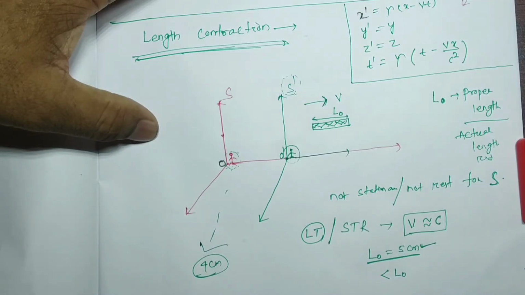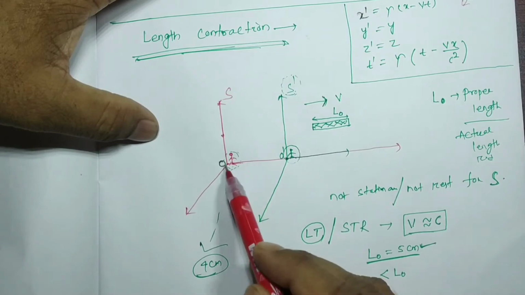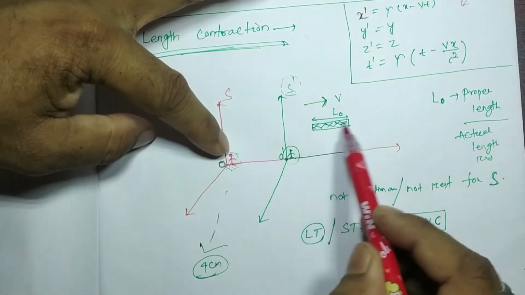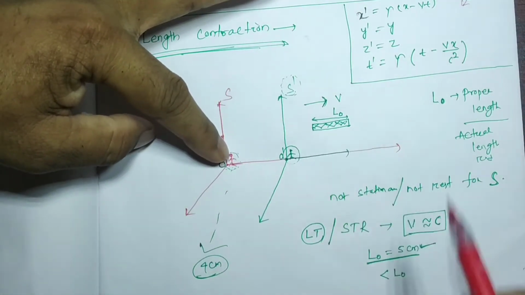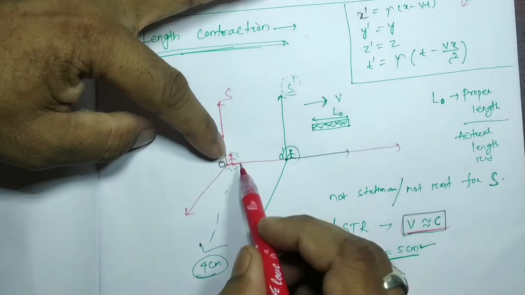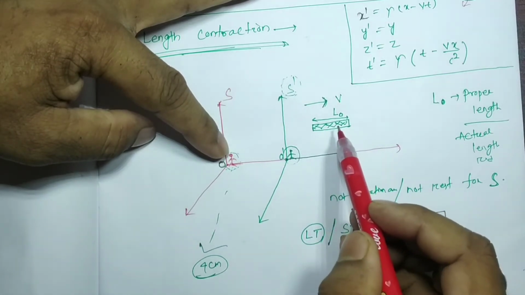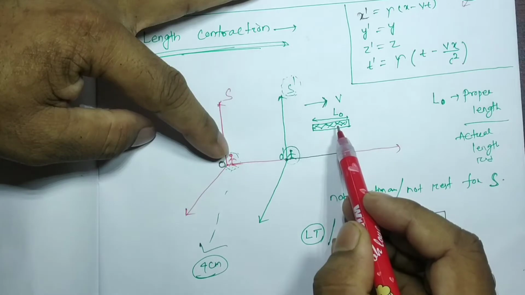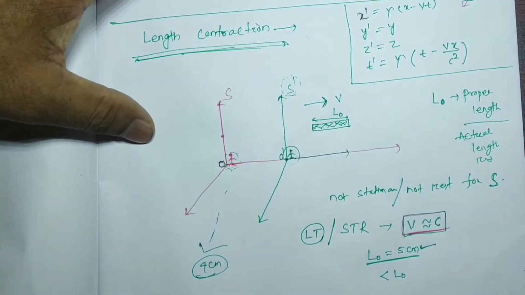So in summary, whenever an observer is at rest and the object is moving with respect to that observer with a velocity approximately equal to c, that observer is going to measure the length as contracted. That is our length contraction.